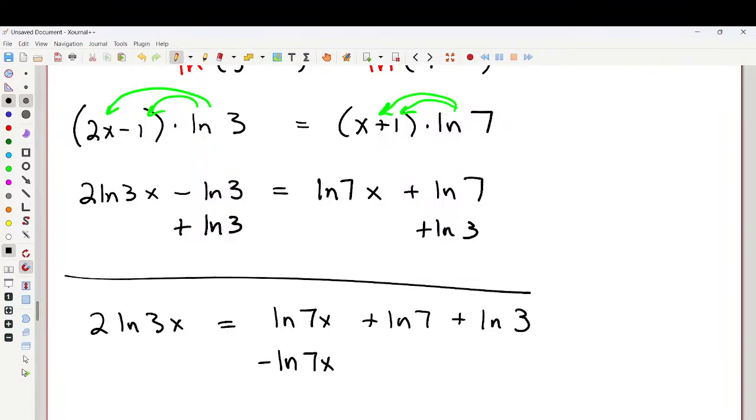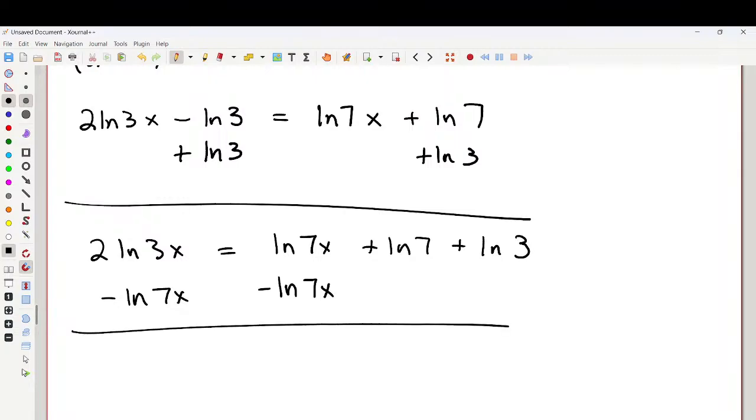We're going to subtract. And again, don't combine things. ln 3x minus ln 7.